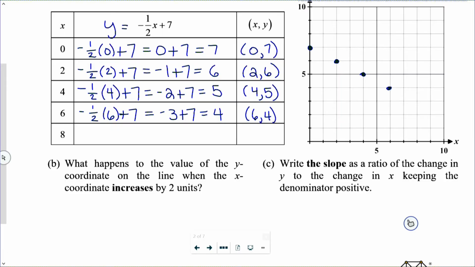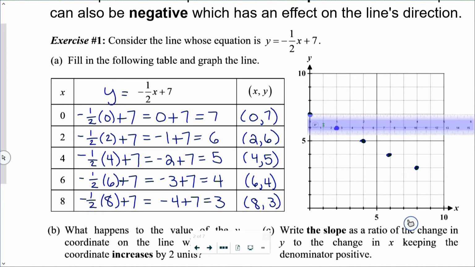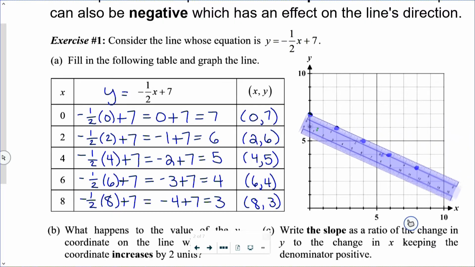Finally, if I put 8 in there, -1/2 times 8 plus 7, -1/2 times 8 is -4. -4 plus 7 is +3. So I'll have the point (8, 3). Let me now connect those with a nice straight line. There we go, good enough.